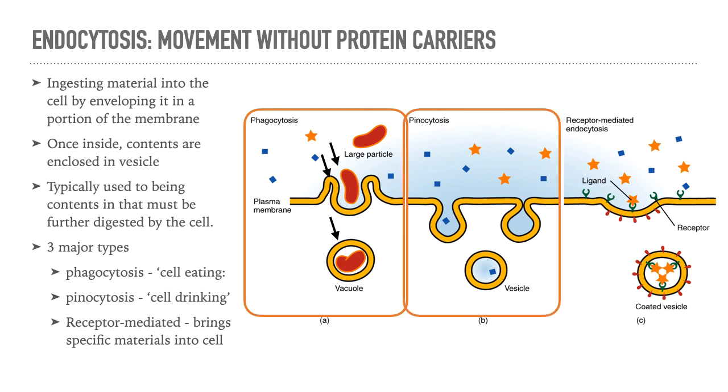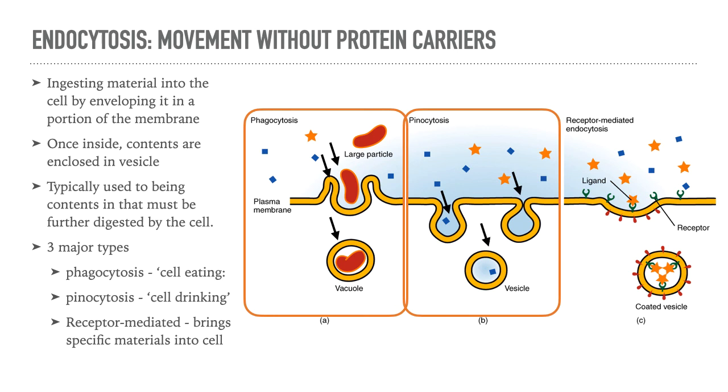Pinocytosis, before I move on, I should also say phagocytosis is also sometimes referred to as cell eating because it's very large particles. Pinocytosis is sometimes called cell drinking. In pinocytosis, the cell will pinch together, the membrane will pinch together as shown in this image, and it will bring in fluid, and in that fluid there will be different dissolved substances.